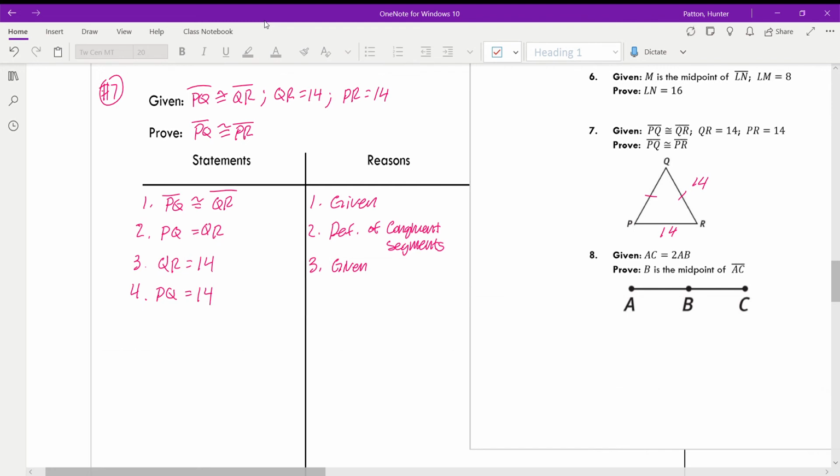It would be really helpful if I had written my given down correctly. So this is by transitive or substitution.